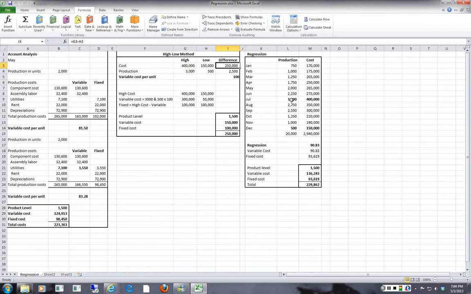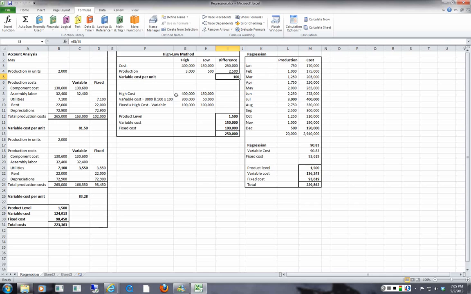Now, the associated units of production is 3,000 for the high and 500 for the low. So the difference between those two is 2,500. So now we divide the 2,500 into the 250,000, and we come up with a variable unit cost of $100. So now we've got our unit cost, but now we've got to find our fixed cost.